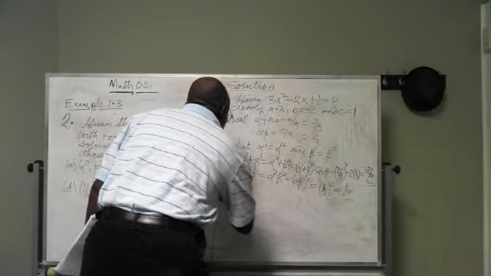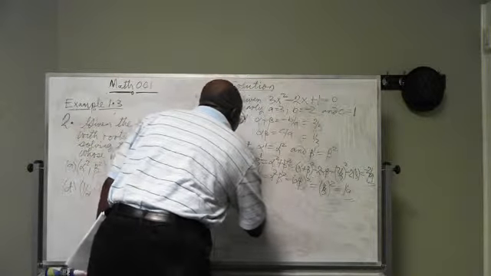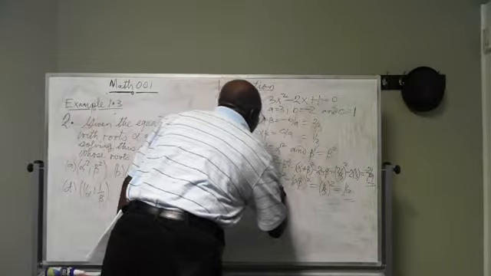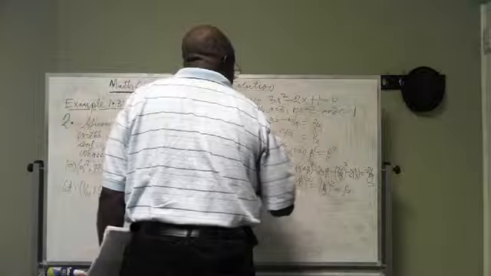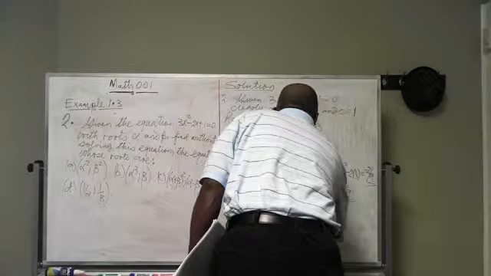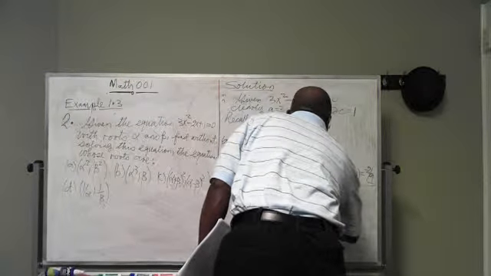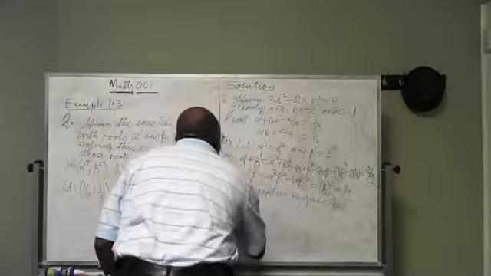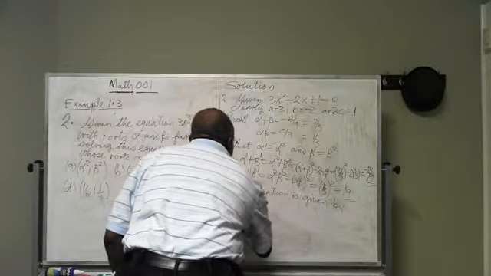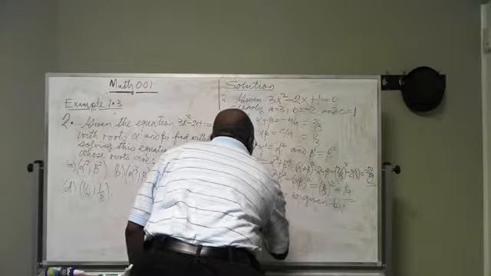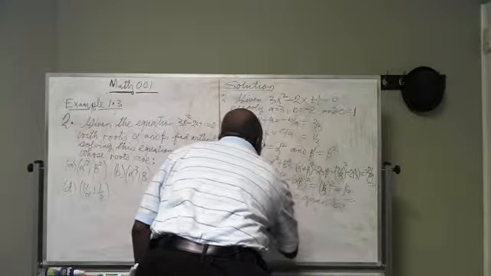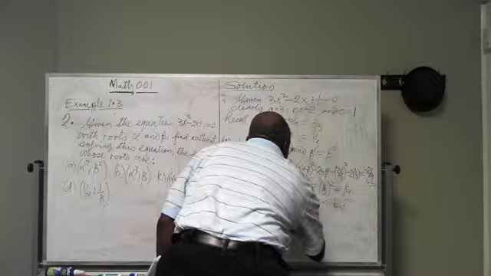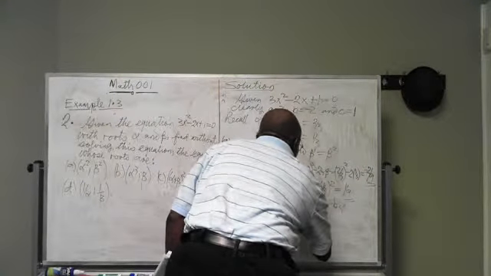The new equation is given by x squared minus alpha prime plus beta prime into x plus alpha prime beta prime equals 0.